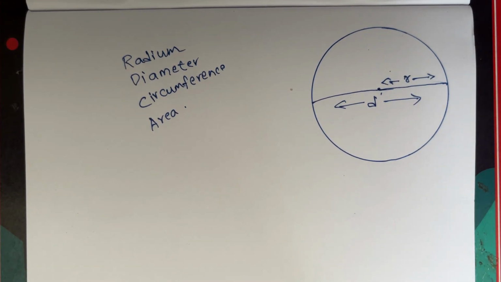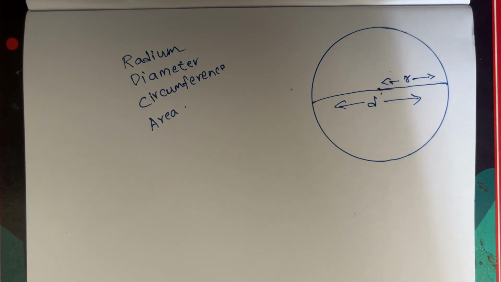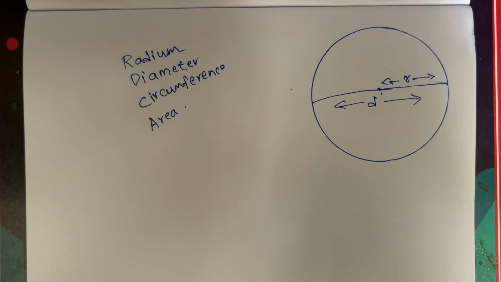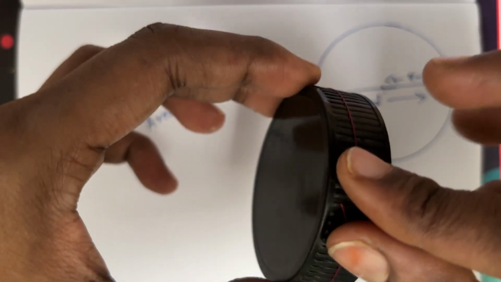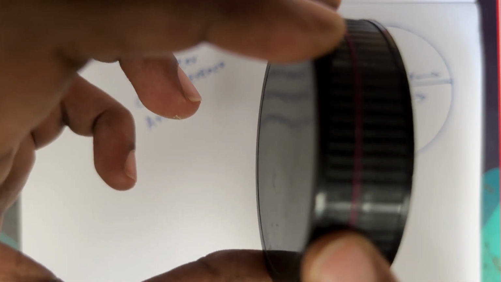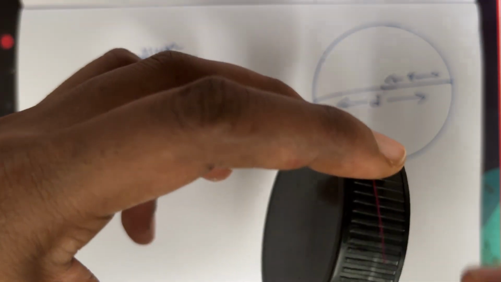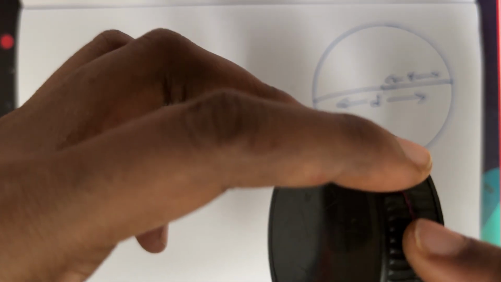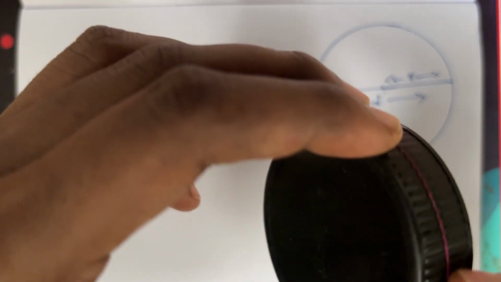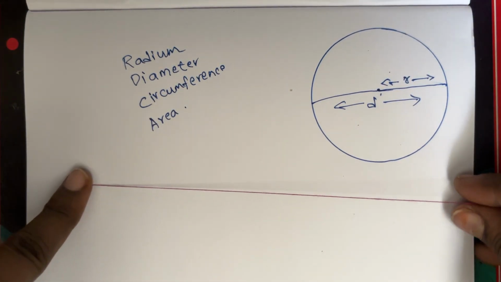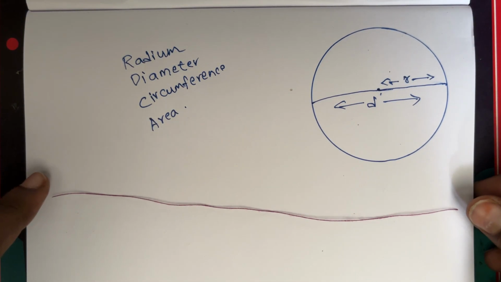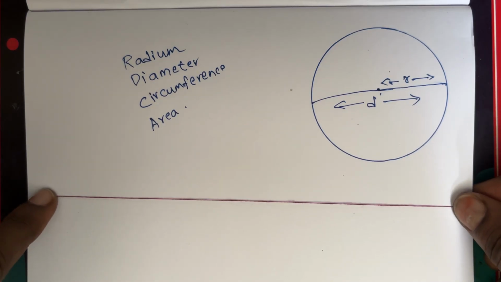I have measured the circumference of a few of the things which I have brought here to show you. I'm identifying the circumference of one of the circles which I have. I don't know whether you are able to see the thin thread which I'm using to measure the circumference of this particular circle. Now I can see the length of this string, which will become the circumference of my circle.